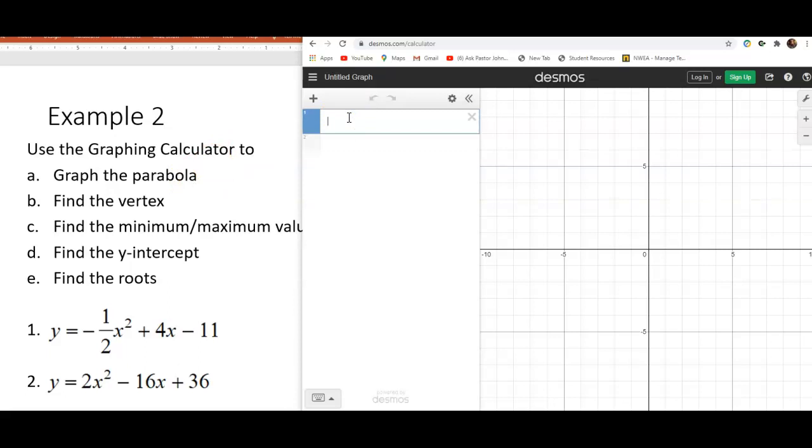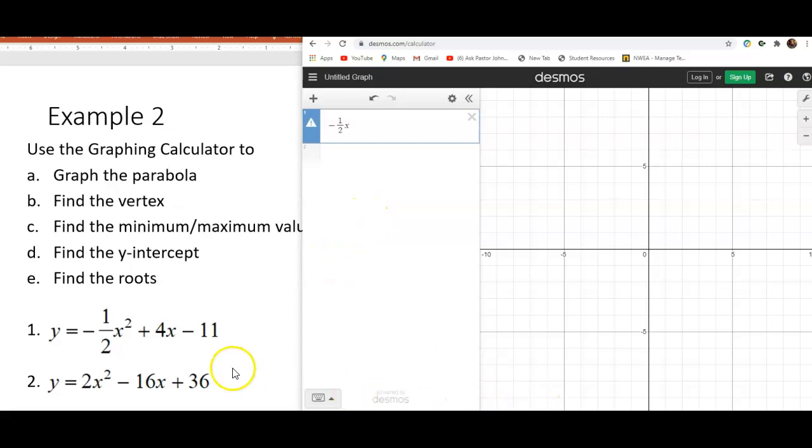So first of all, we need to put in negative one half. Whenever you type a fraction into this, I guess it does it for you. Then we're going to do x squared. To get squared, you're going to push Shift and then 6 on your keyboard. Once again, it's Shift and 6.